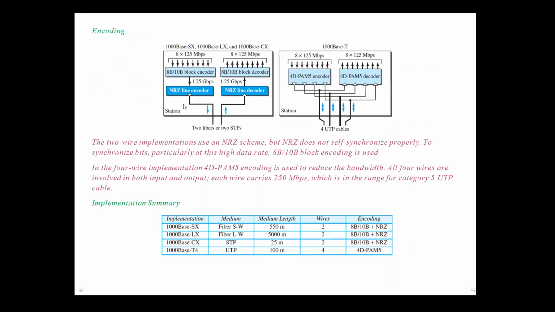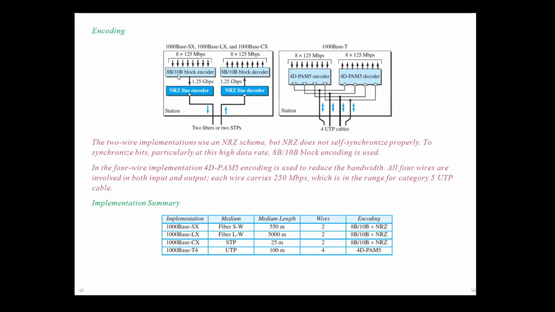For encoding, in two wire implementation, the NRZ line encoder is used, but NRZ has a problem with self synchronization. For that, additionally, we are going to use an 8B/10B block encoder.